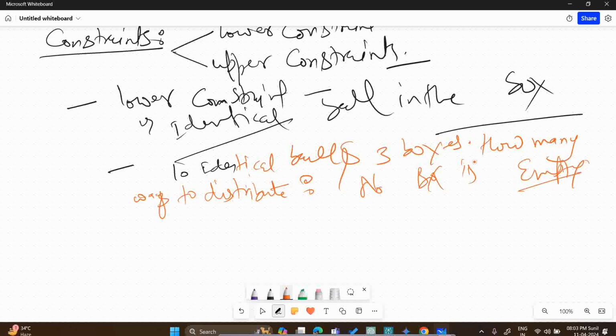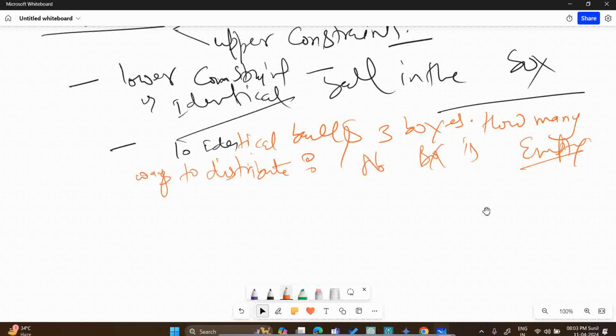So what we are saying here is we have 3 boxes. Box 1 plus box 2 plus box 3 should be equal to 10, because we have 10 balls.